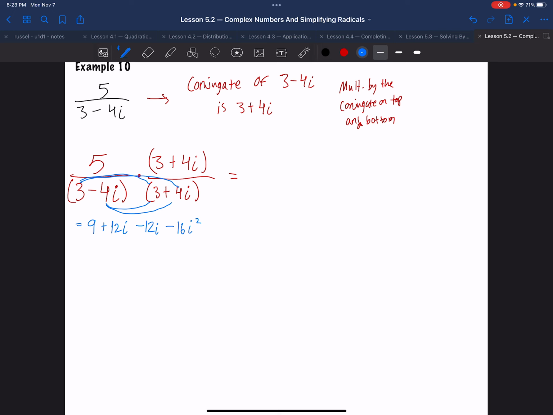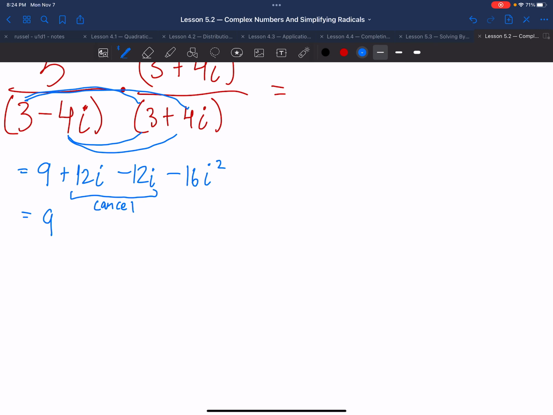But if you notice, this is just 9. These cancel. And then I've got minus 16i squared. But we said that i squared was negative 1. Since i squared equals negative 1, this is just 9 plus 16, which equals 25.